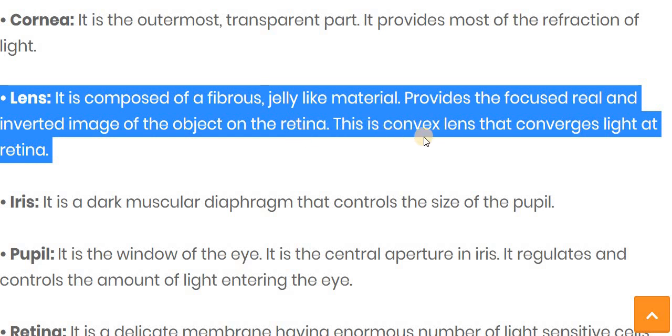It works like a convex lens that converges the light at one point where the retina is. It focuses this image on the retina.